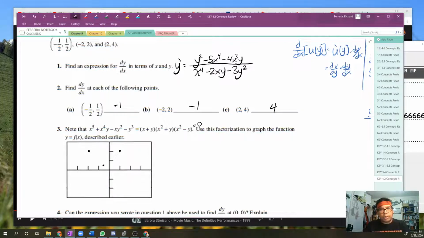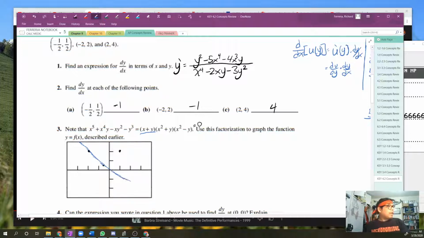zero product theorem. So let's imagine that the first factor here, x plus y, is equal to 0. What would that look like? Well, if x plus y equals 0, it is a diagonal line with a slope of -1.